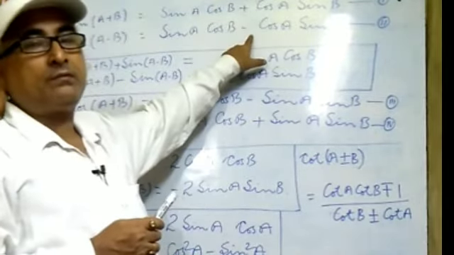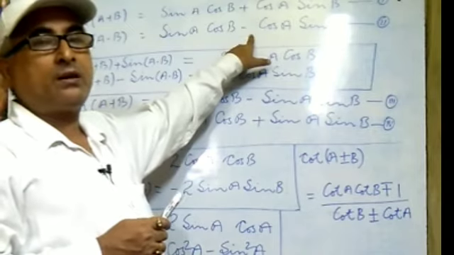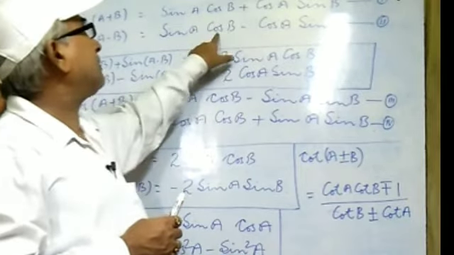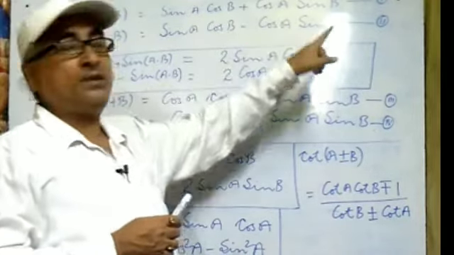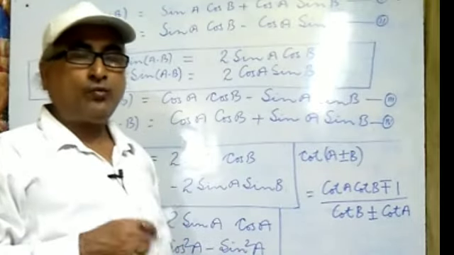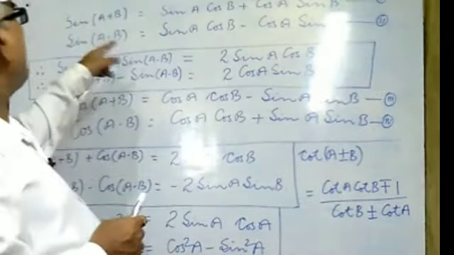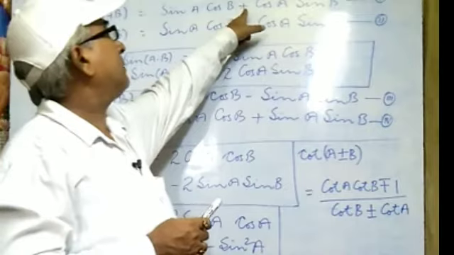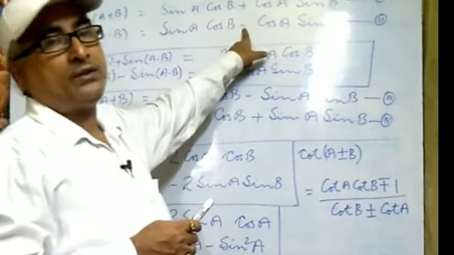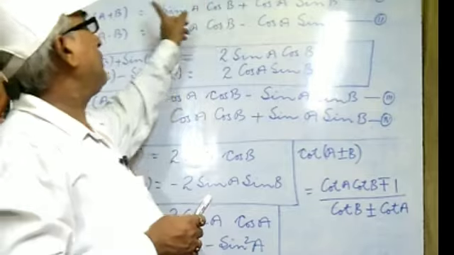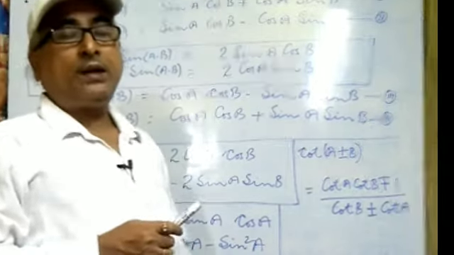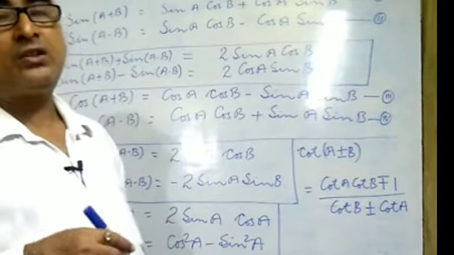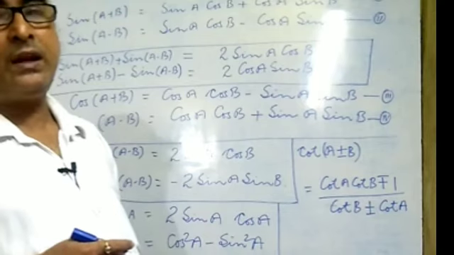Only the sign varies, otherwise the rest is the same: sin A cos B, sin A cos B, cos A sin B, cos A sin B. So you will keep one of the formulas in your mind, and the second you can create yourself. This is the way to learn these trigonometrical identities.